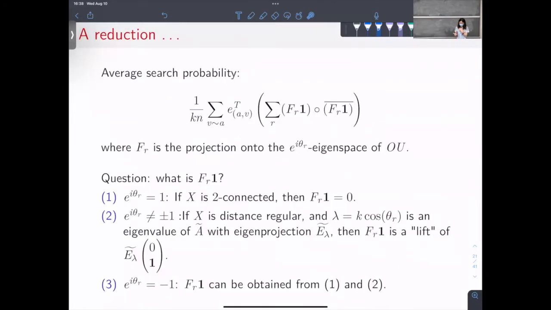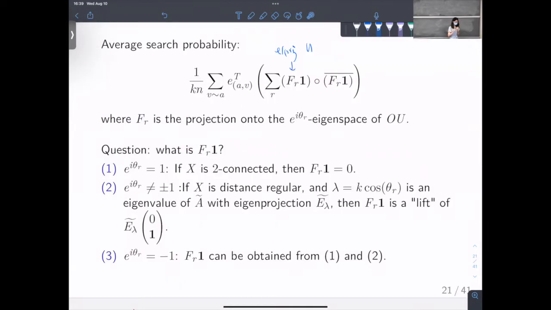The average search probability has this form, and the crucial thing to understand is what is F_R times 1, and this F_R is the eigenprojection of my transition matrix. There are 3 types of eigenvalues: 1, -1, and non-real ones. It turns out this eigenvalue 1 does not contribute to search because F_R times 1 is equal to 0 whenever the graph is 2-connected.